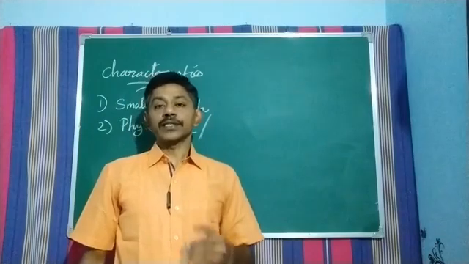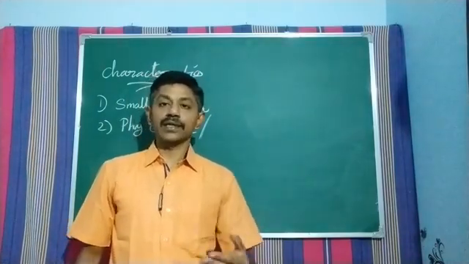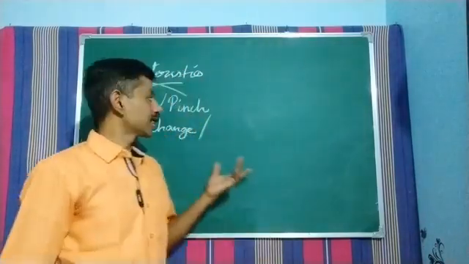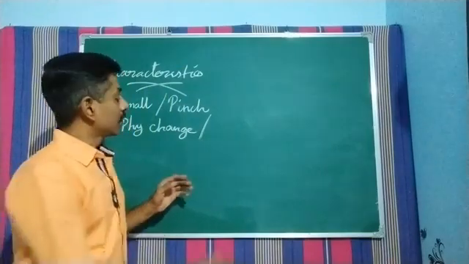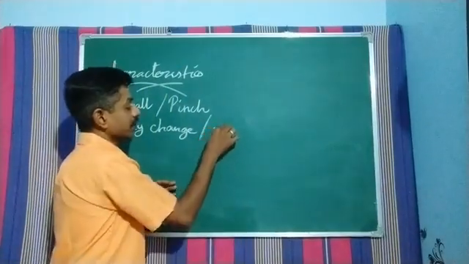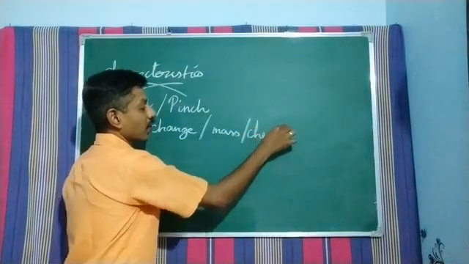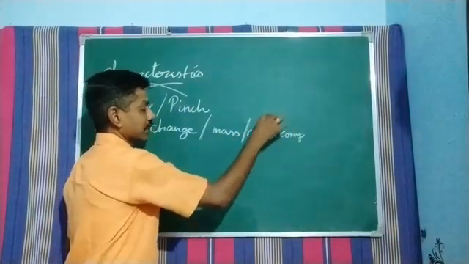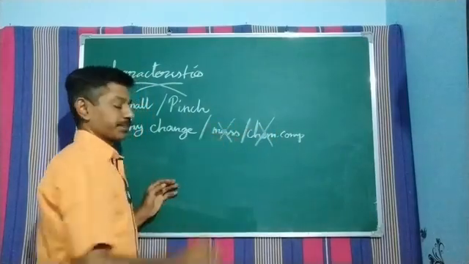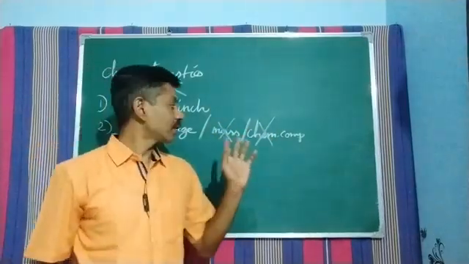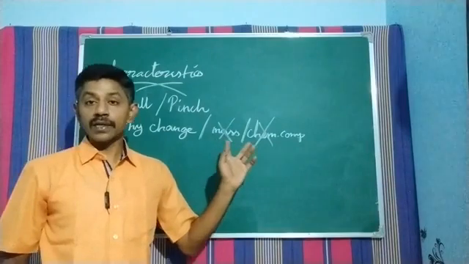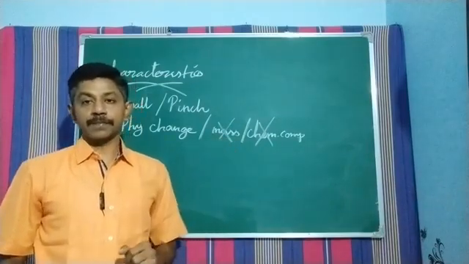After the end of the reaction, it may have a different color. So the color and the physical nature of the catalyst may change, but there should not be any change in the mass and the chemical composition of the catalyst. A change in these two is not accepted in a catalyst.